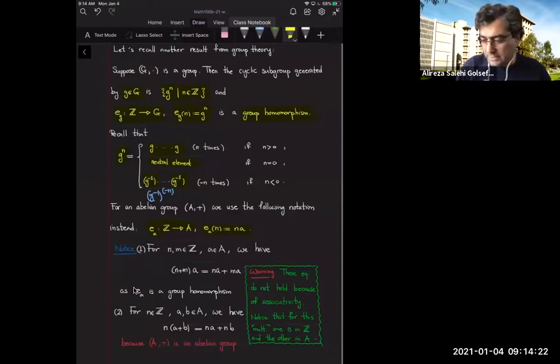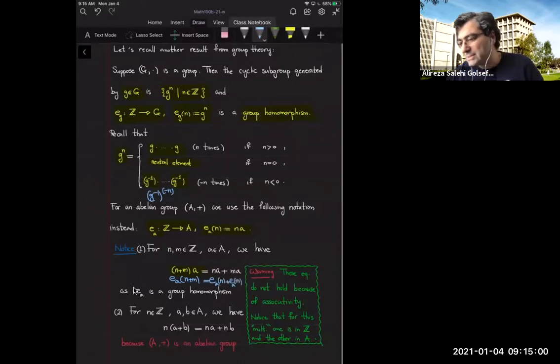Okay, now the other thing that I want to point out is that because E sub A is a group homomorphism, I do have this nice property which looks like distribution. It's not though. Because E sub A is a group homomorphism, n plus m times a, which is precisely E sub A of n plus m, is the same as E sub A of n plus E sub A of m.